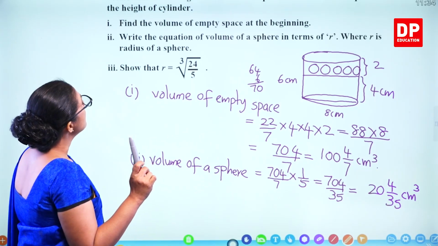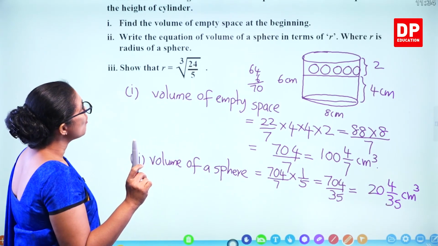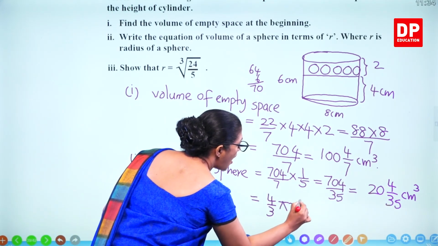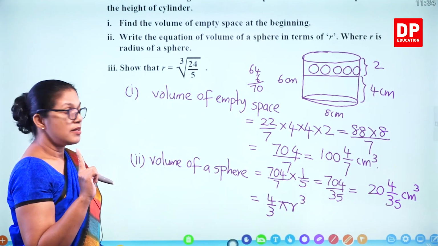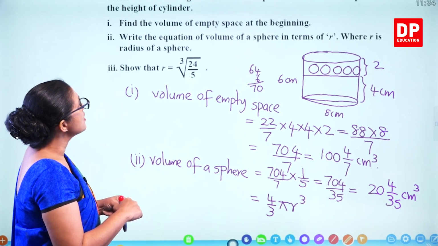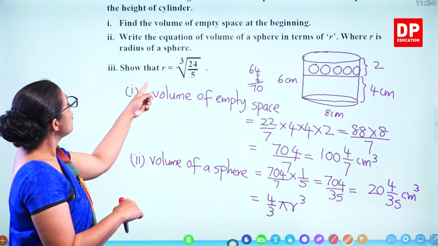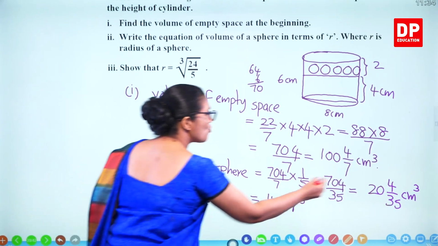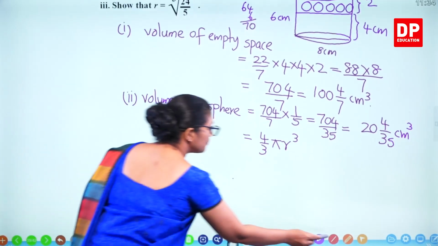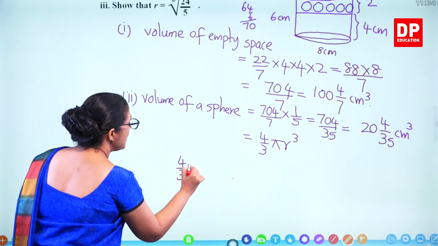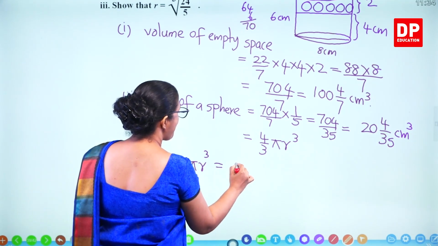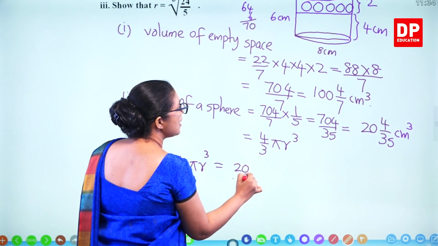But they want the volume of sphere in terms of R. So you can write 4 over 3 pi R cube, one sphere. Now write the equation of volume of a sphere in terms of R, and here show that R equals this. So these two are equal. So we'll equate these two. 4 over 3 pi R cube is equal to 20 and 4 over 35.